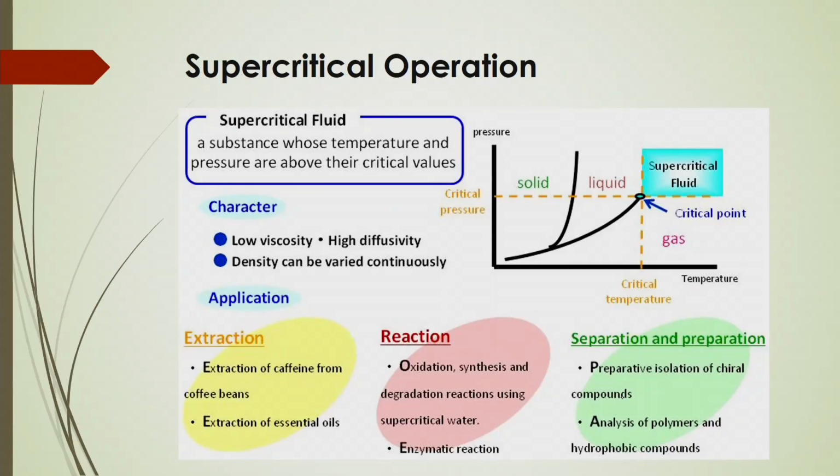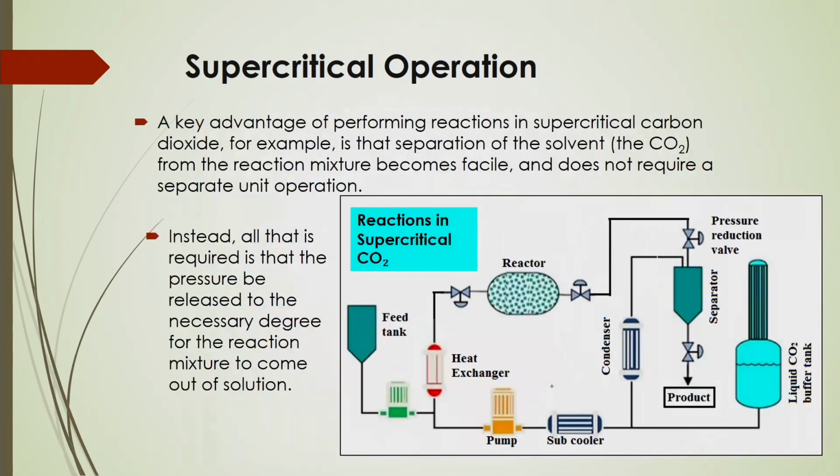Separation and preparation also can be done. In that case, preparative isolation of chiral compounds, and also the analysis of polymers and hydrophobic compounds, are being done based on this supercritical condition.